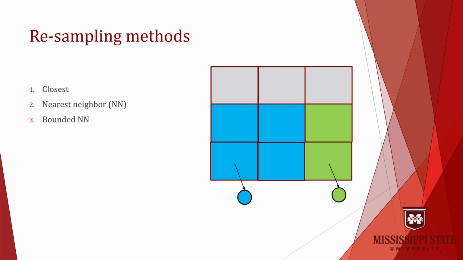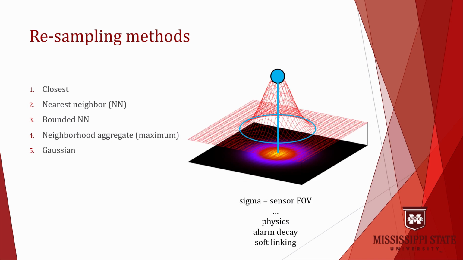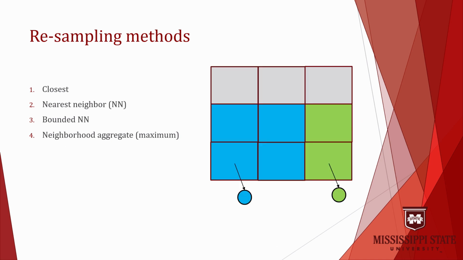To mitigate that, we'll do a bounded nearest neighbor. We'll say, try to incorporate maybe the field of view of your sensor, and bound it so it doesn't propagate too far. And then we'll do another technique where we'll say, within this area, we'll take the max of the confidence value that was returned.